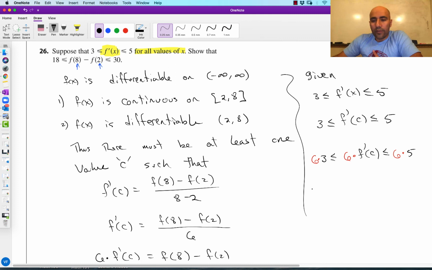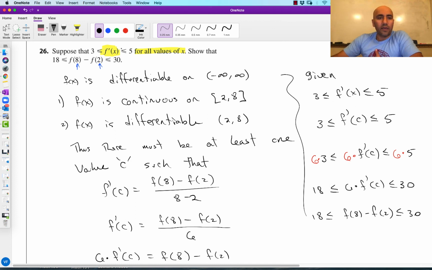Then we'll end up with 18 is less than or equal to 6 times f prime of c less than or equal to 30. And, well, we established that 6 times f prime of c is this difference. So we have that 18 is less than or equal to f of 8 minus f of 2, which is less than or equal to 30. And that's what they wanted you to show. So we're done.